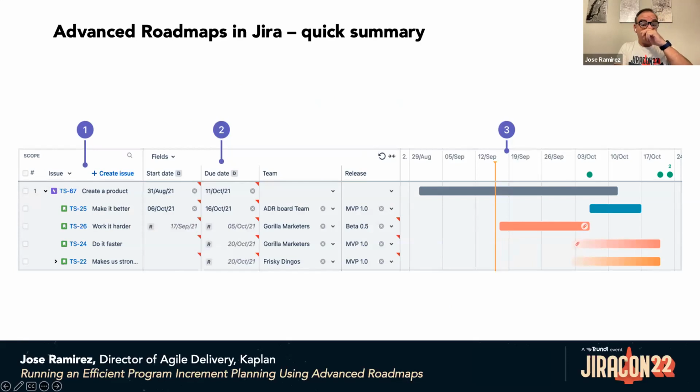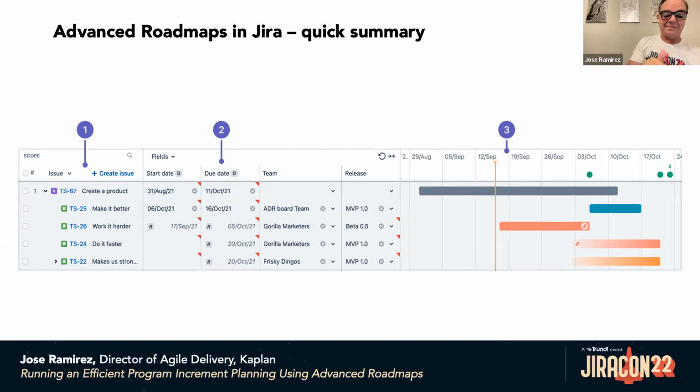The last part of this summary is how the view looks. This is a basic view, but it's the same for the rest of the views. So we have in number 1, the first column, the hierarchy of the issues, and this is really, really important.